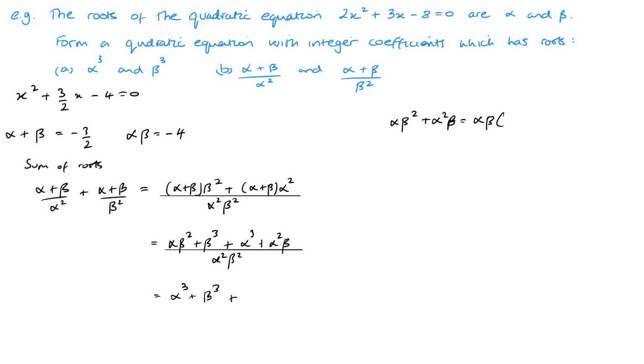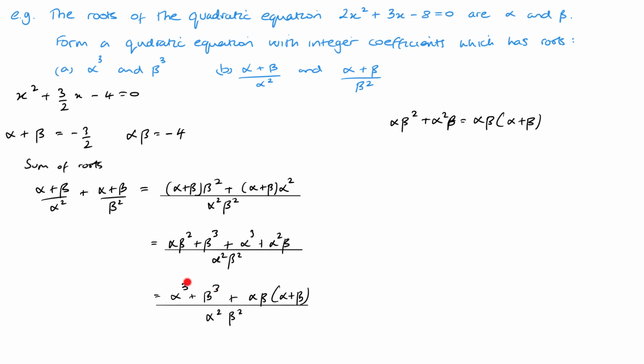That would leave me with alpha plus beta in the brackets. So that's going to be alpha beta times alpha plus beta, like so. And that's over alpha squared beta squared, no plus in between them there.